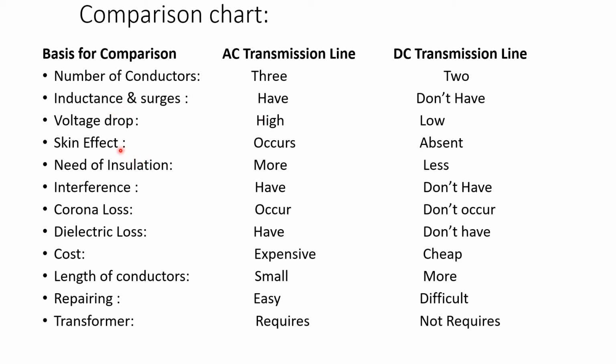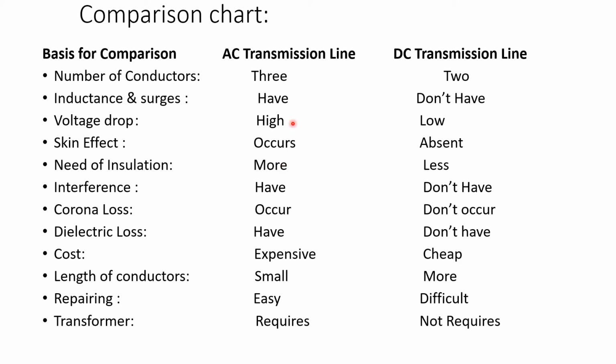Okay. And the next point is skin effect. Skin effect occurs in an alternating current transmission line, and it will be absent in a DC transmission line. The need for insulation will be higher in an AC transmission line when compared with DC, because the need for insulation is directly proportional to the voltage or the conductors.